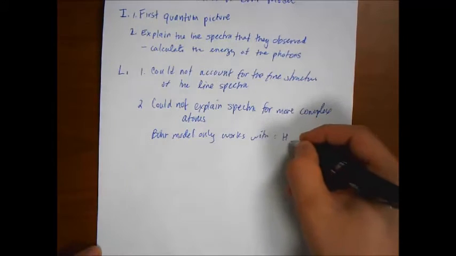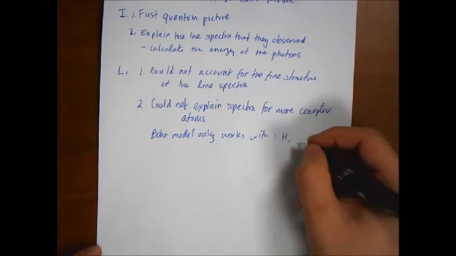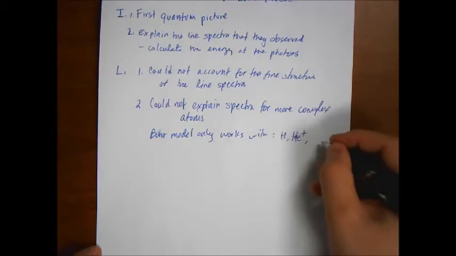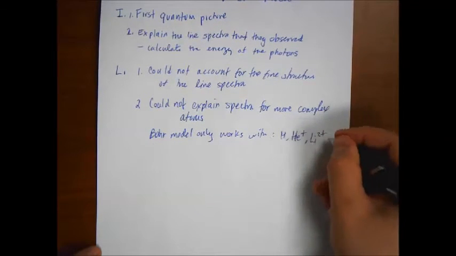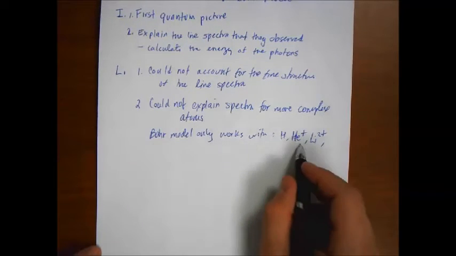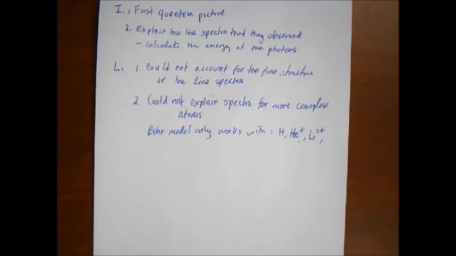So for example, H is a one electron system. A hydrogen atom has only one electron. He+, that's a one electron system. Li2+, and so on and so forth. So the Bohr model only works with these systems, but it does not work with everything else.